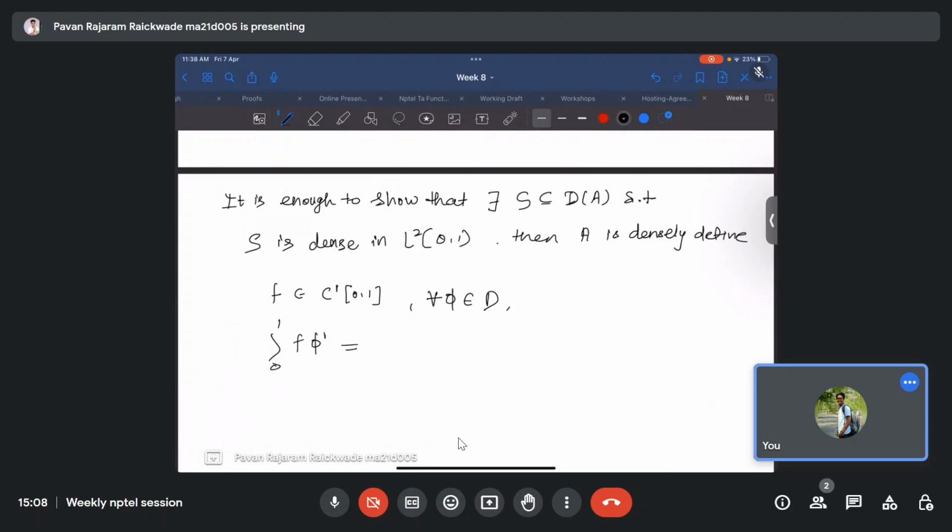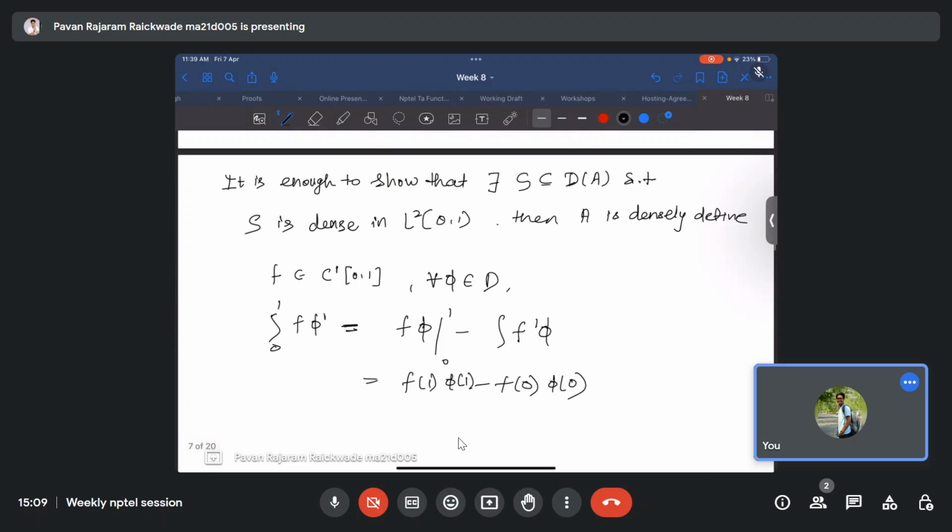By integration by parts, you get f times phi from 0 to 1 minus the integral of the derivative of f times phi. The boundary value is f at 1 phi of 1 minus f at 0 phi of 0.